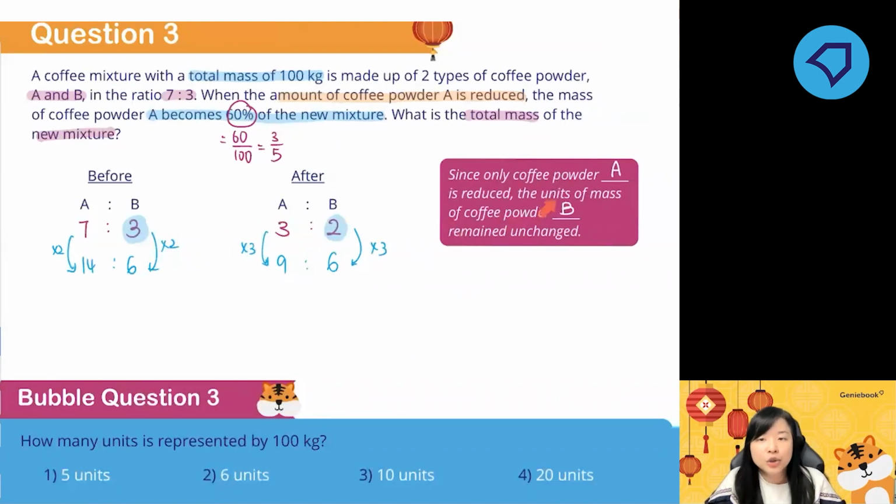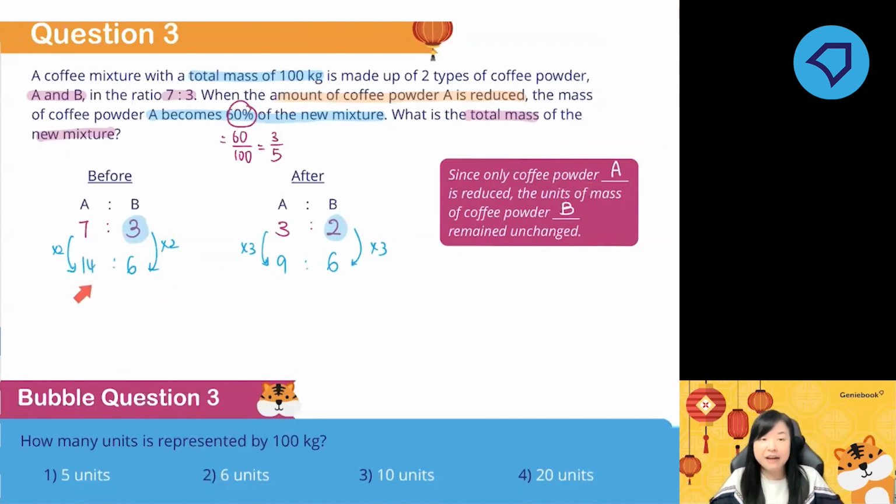But I know that coffee powder A is the one that's being reduced, so B must be unchanged. So I highlight the B for you because this must be unchanged, meaning it must be the same multiple or the same number of units. So the common multiple of 3 and 2 is 6. So I multiply and this will be my new ratio that I look at. Okay, 14:6, 9:6. Okay, so now I move on.